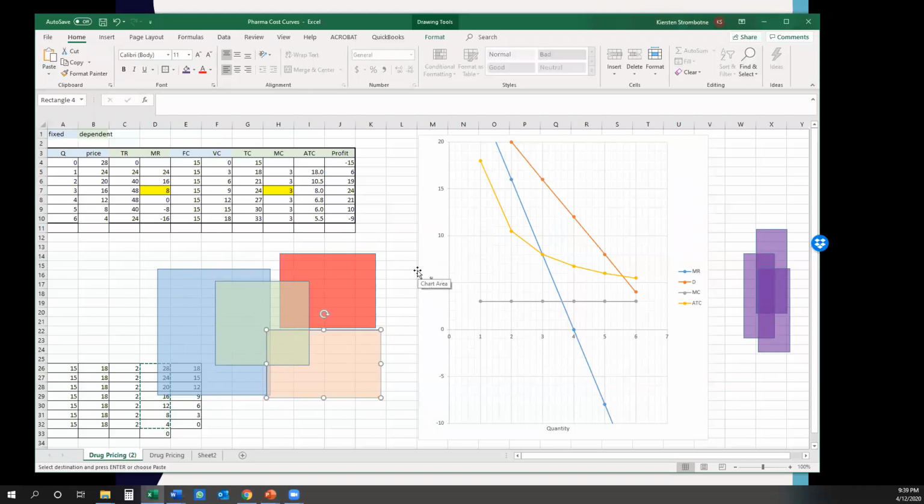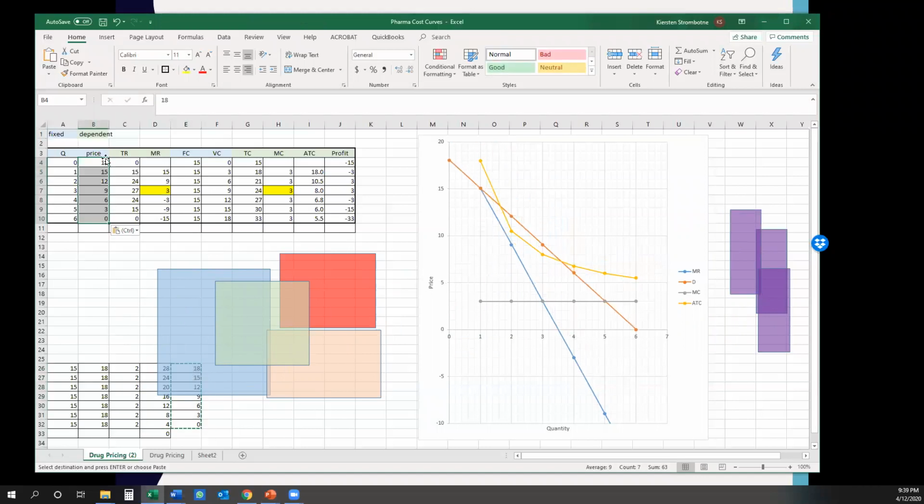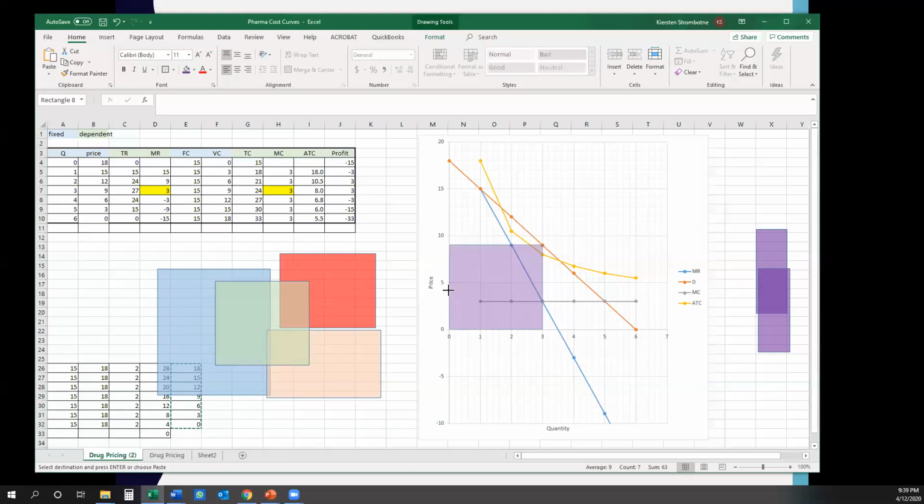So remember, here was our initial, let me put the price back. Right. So our initial pricing or revenue curve was here, revenue box, remember quantity 3 and priced at 9 up to the demand curve.